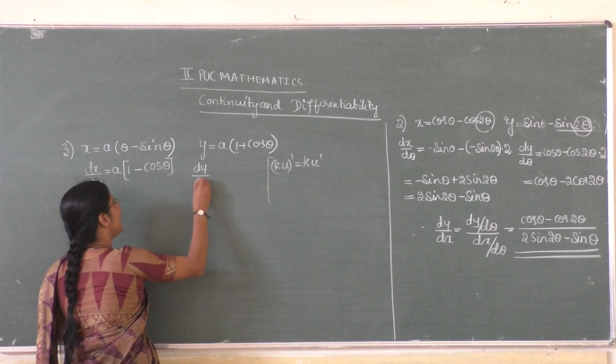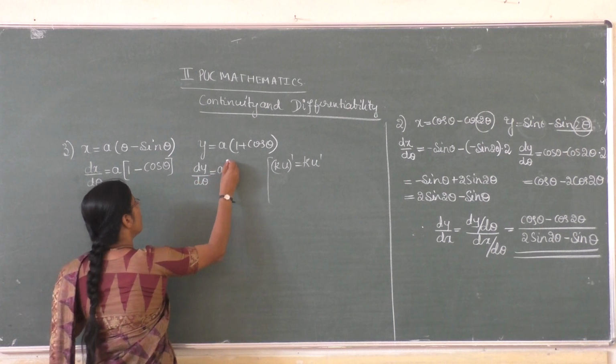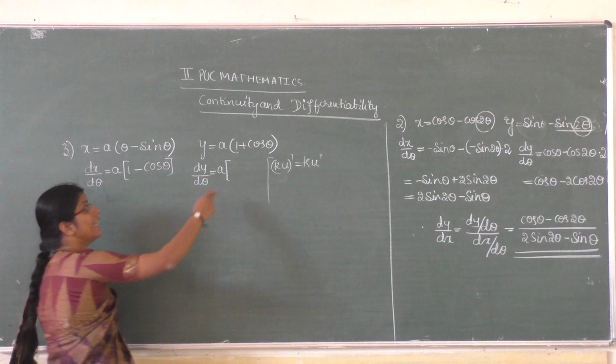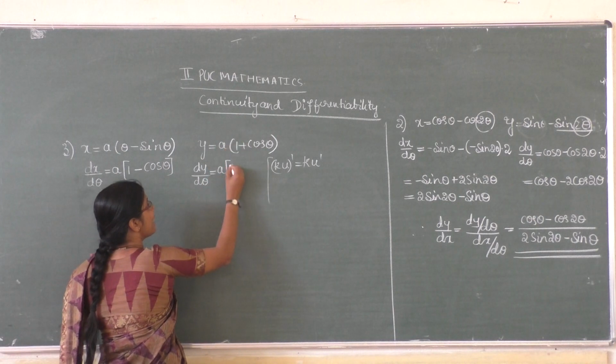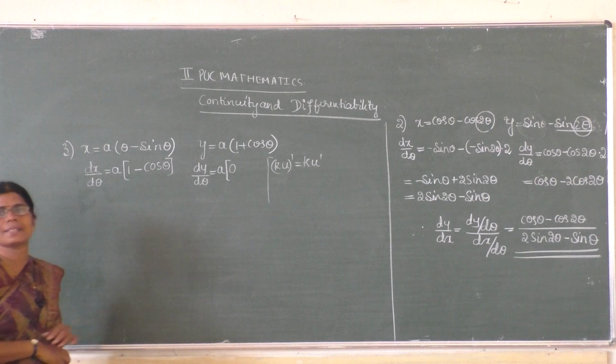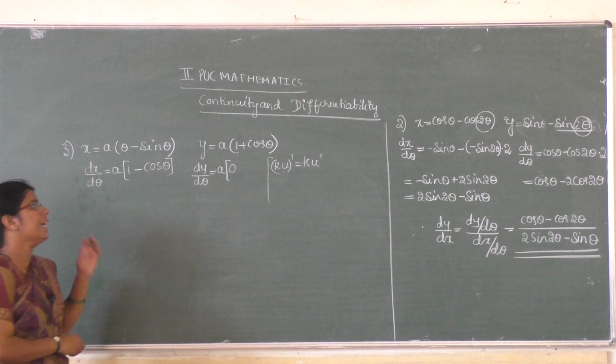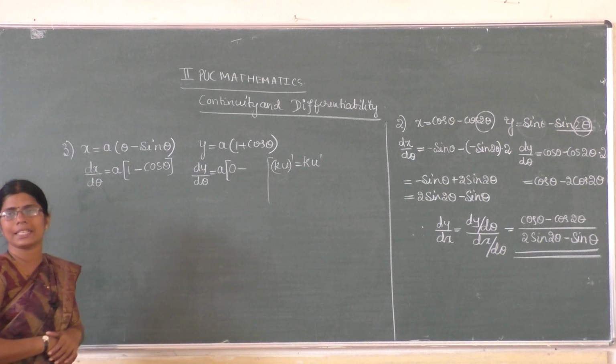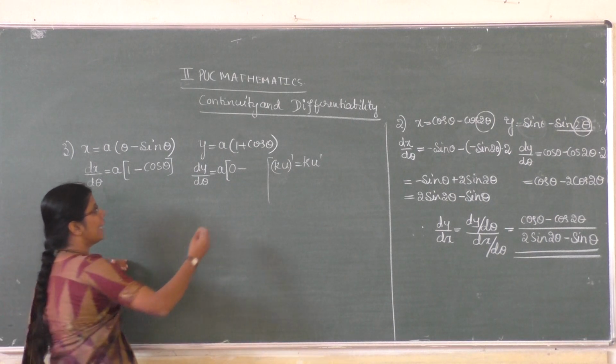For dy by d theta, the constant a we keep as it is. The derivative of 1 with respect to theta is 0, because the derivative of a constant is 0, plus cos theta, whose derivative is minus sin theta.